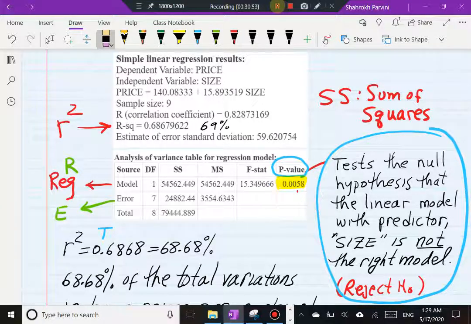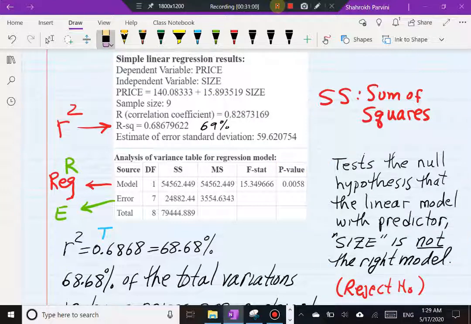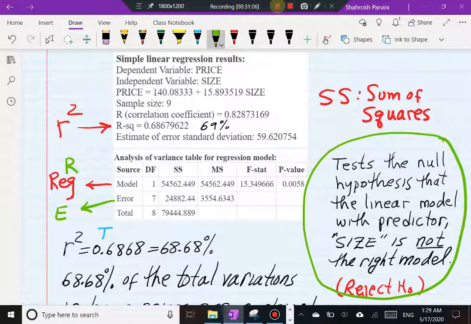The hypothesis that the p-value is testing is right in here. The p-value is testing the null hypothesis that the linear regression model with our predictor variable x, in this case size, is not the right model for predicting the price.